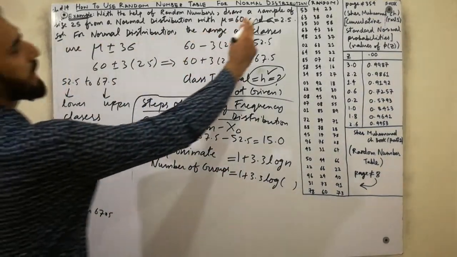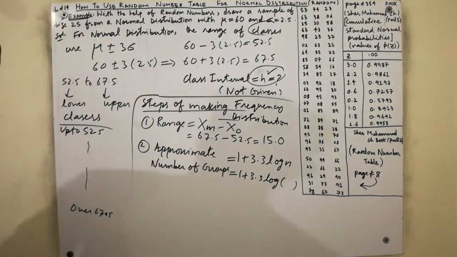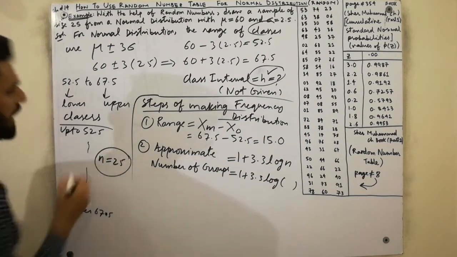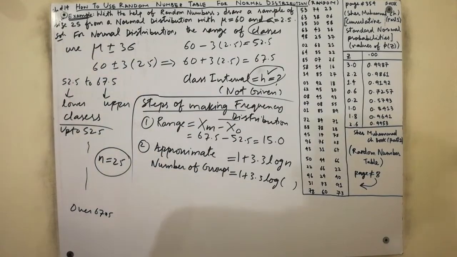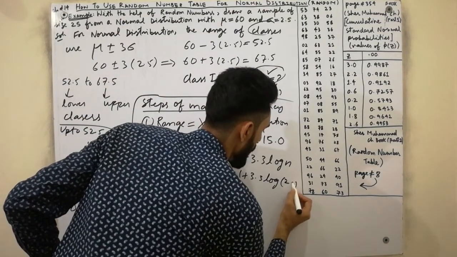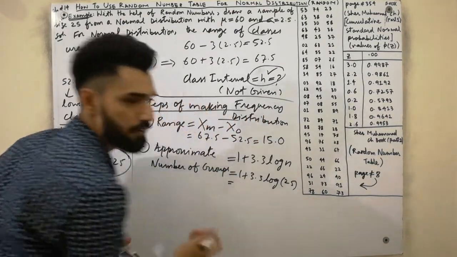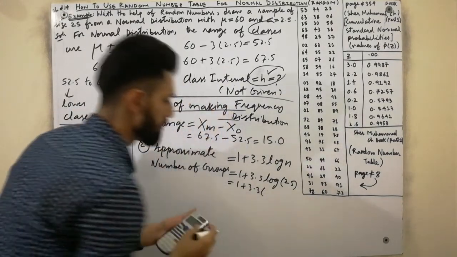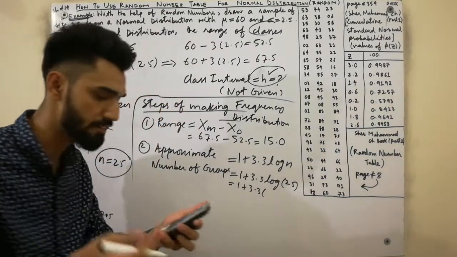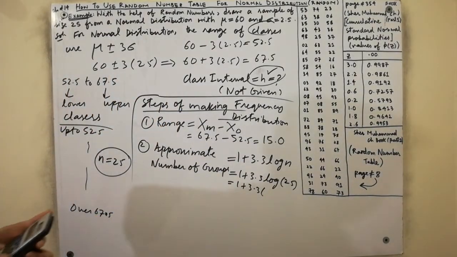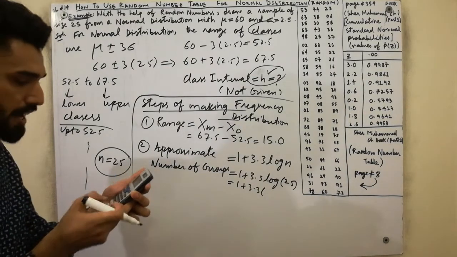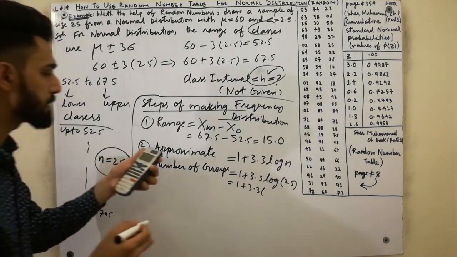It is given that the sample is of size 25. We will put 25 here. Very simple step. 1 plus 3.3, and we will calculate log 25. Log 25 is 1.39.